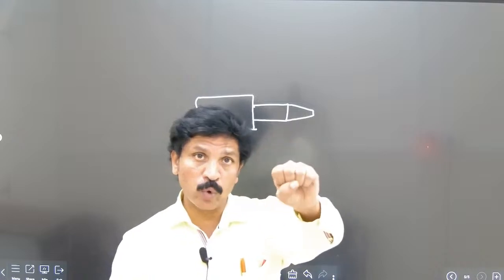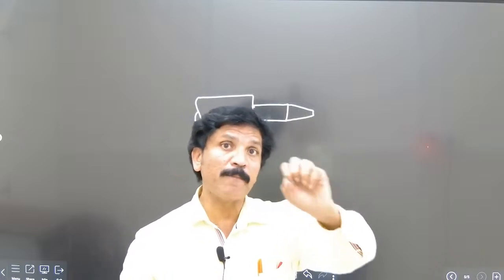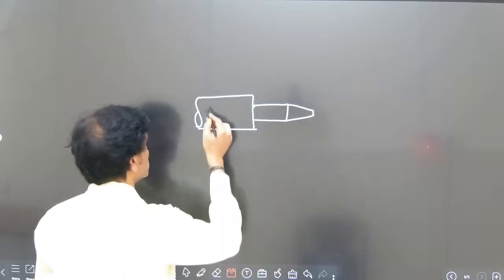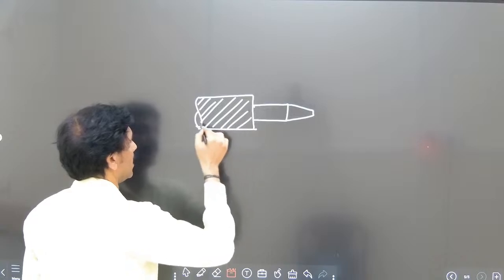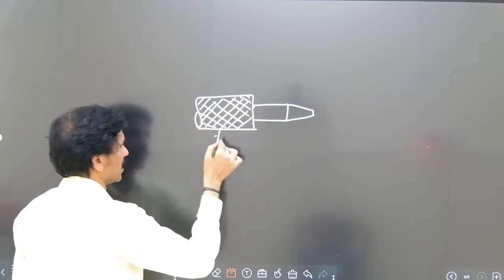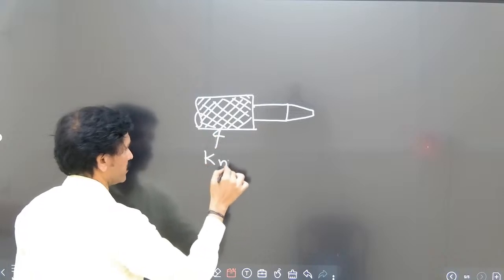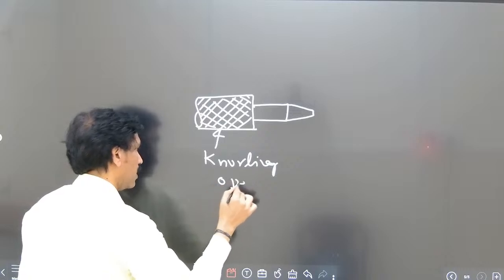Where I hold the workpiece, it should not slip away from the holding part. That is why I am going to use knurling. It is nothing but the diamond cutting. So this is the knurling operation.